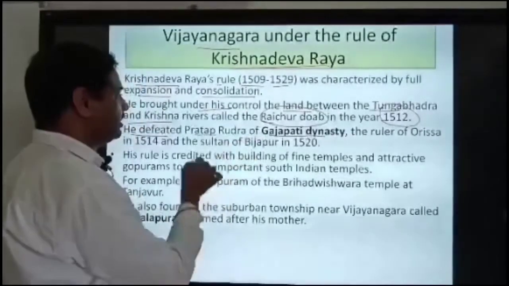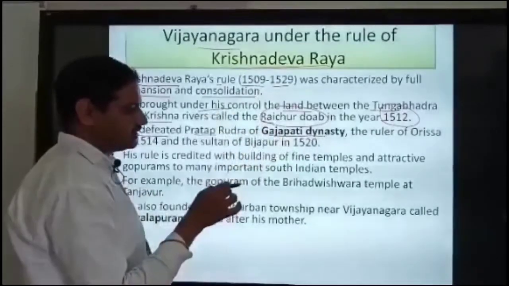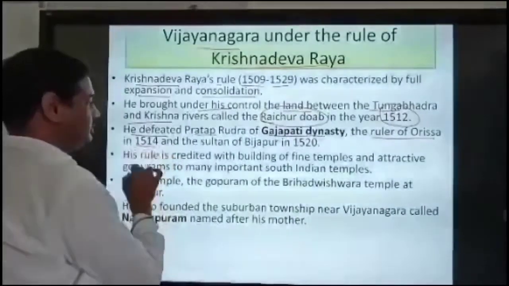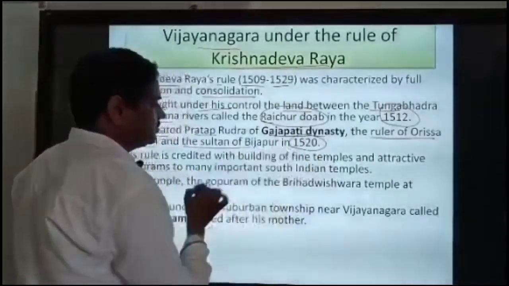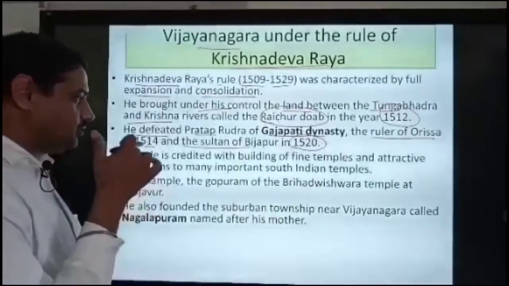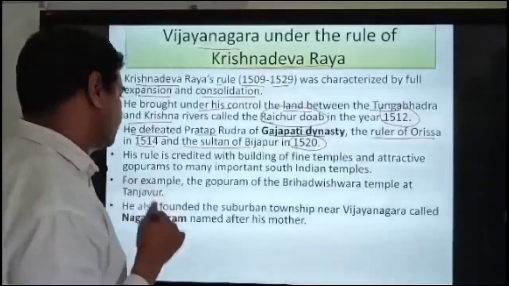So he was defeated by Krishna Devaraya to bring the Raichur doab under his control, and Krishna Devaraya also defeated the ruler of Odisha in 1514, and the sultans of Bijapur in 1520. So these were the rulers who were defeated by Krishna Devaraya so that he could take hold of the Raichur doab, which was very fertile in South India at that time.